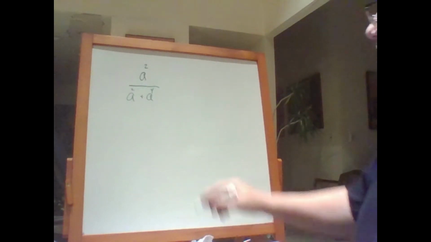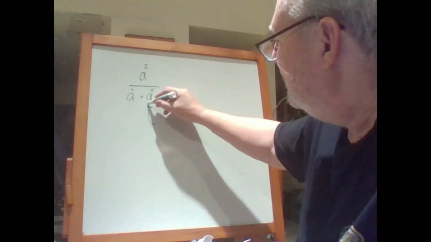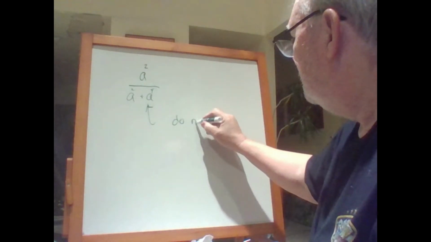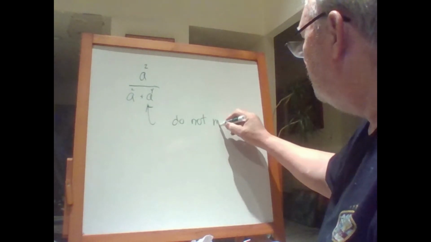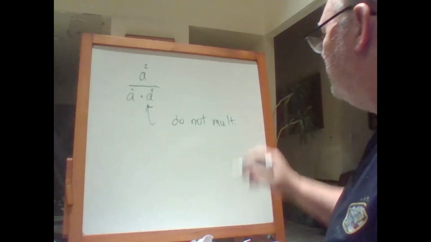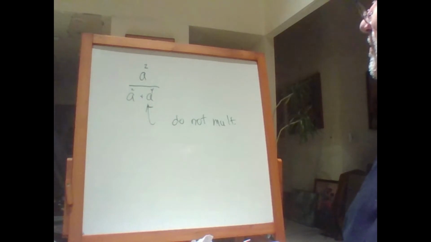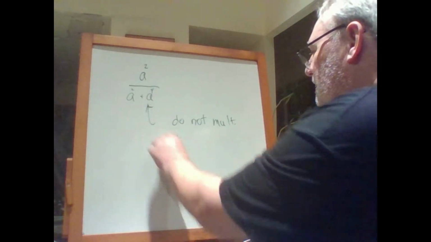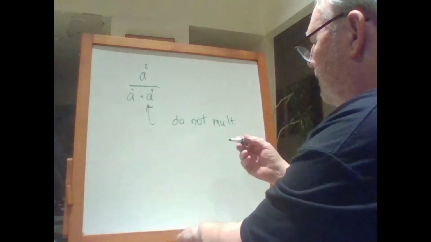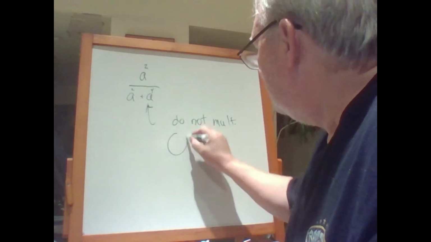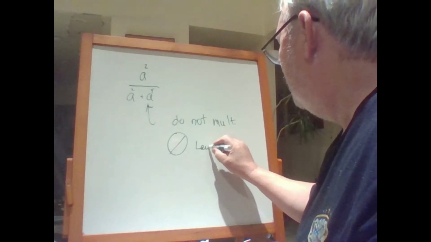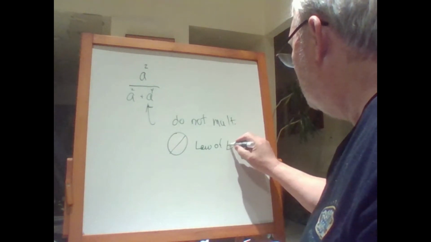Well, remember, here we do not have a multiplication, so we can't add exponents. So we can't, what am I writing? We can't have, let's say, there, no law of exponents.